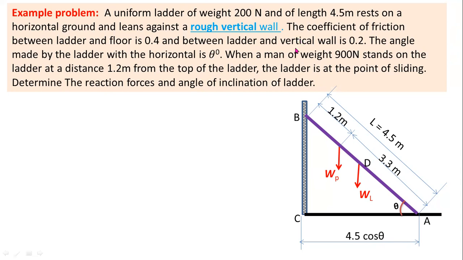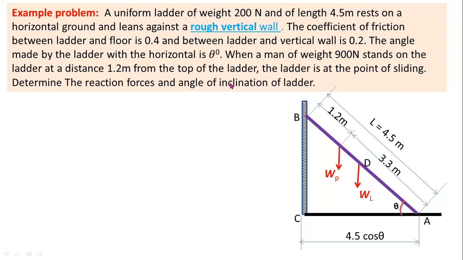The coefficient of friction between ladder and floor is mu1 equals 0.4, and between vertical wall and ladder is mu2 equals 0.2. The angle of inclination of the ladder, theta, is not given; you have to determine that value.